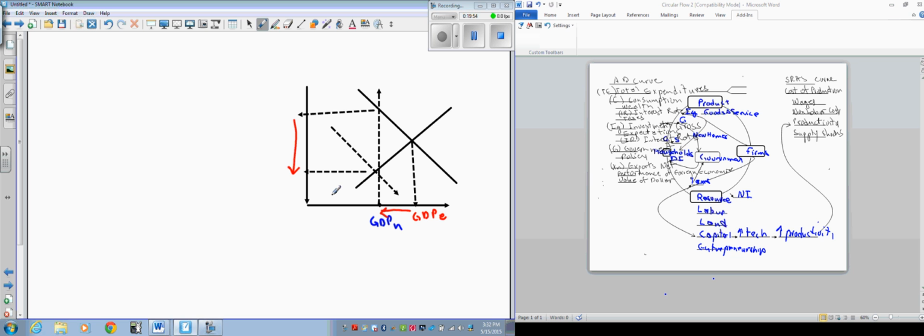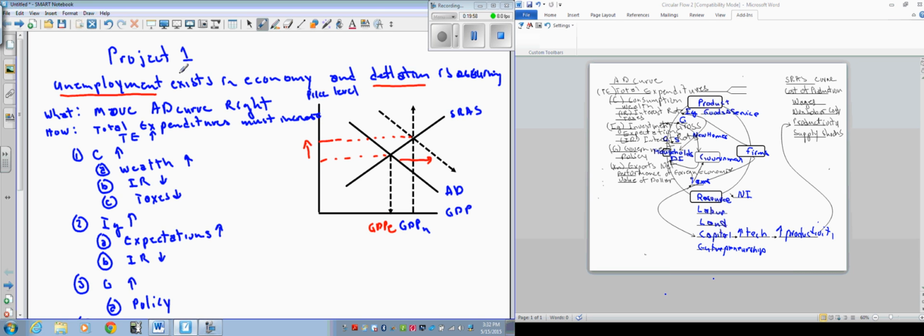But you're going to have to address it just like I did here, because you're going to move the AD curve, but you're going to have to change all of these around. AD moves left, total expenditure down, so on, down through it, and then give the what, how, and result for that particular move.